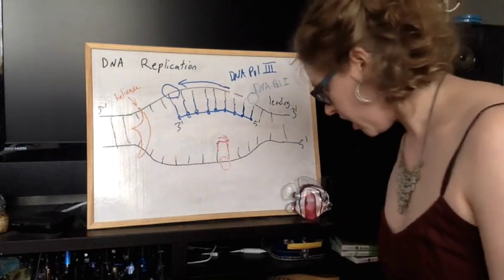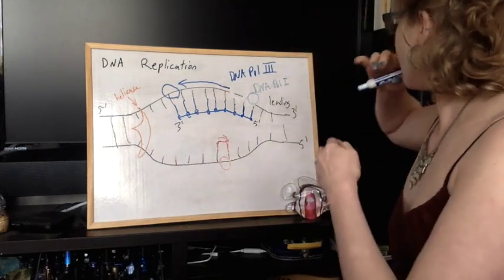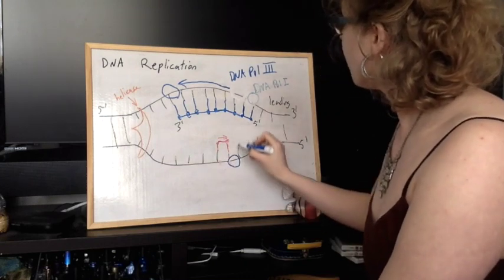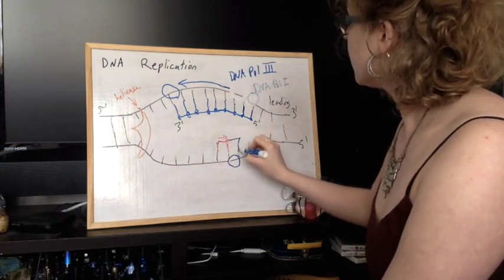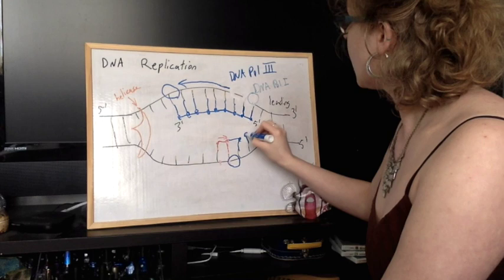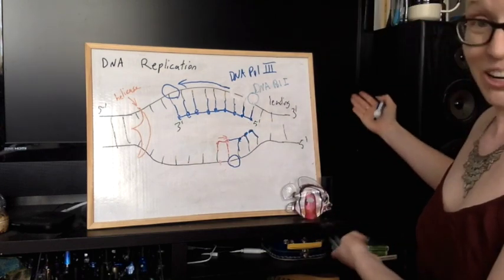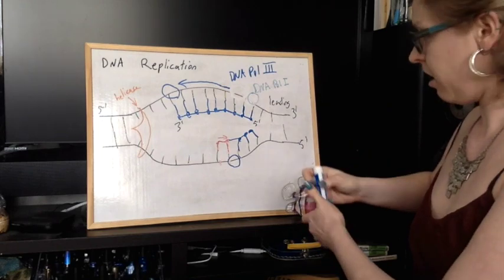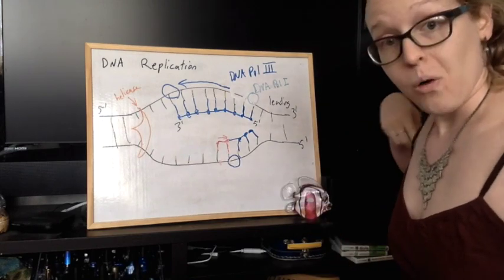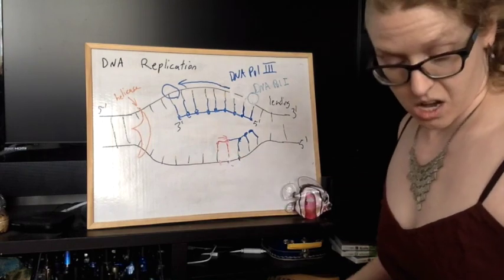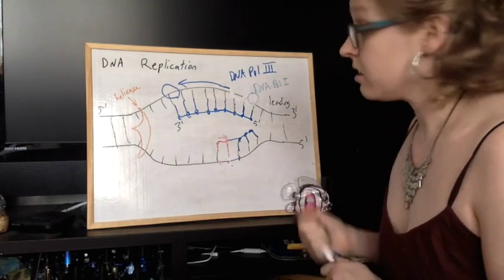And then DNA polymerase 3 is going to come in and grow that as far as it can. But it can't grow it very far. Once it can't go any further, it's going to disappear or float off, I guess.